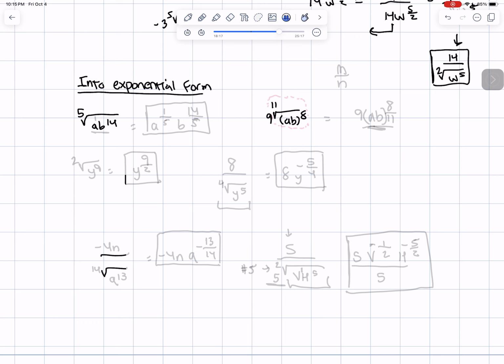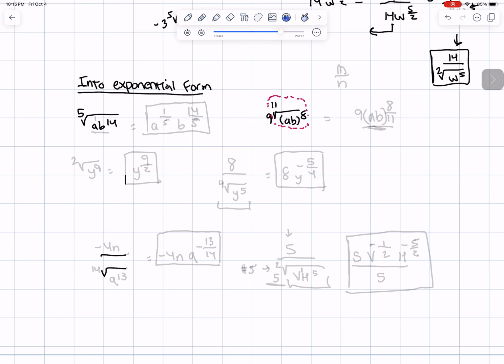Okay, so I'm going to do the second one first. I'm not going to look at the 9. I'm just going to evaluate, again, our own little island. So if we're doing the opposite, we're putting it into exponential form. Well, I can see already, one thing I look for is whether there is any exponent that has a negative. Well, no, it doesn't. So it's going to be positive. So how would I write this?